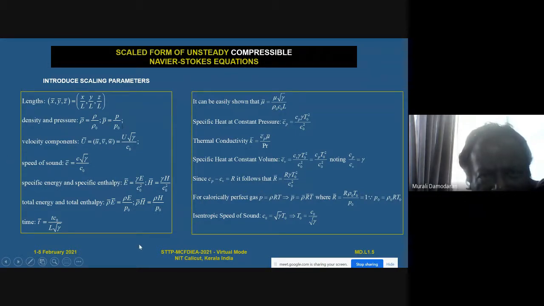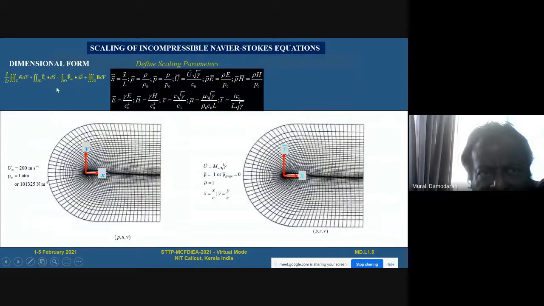By choosing these scaling parameters, you can show that the scaled compressible flow equations will look almost like the dimensional form, except that the coefficient of viscosity and so on will take a different value, and through suitable combination, the Reynolds number, Prandtl number, and so on will drop out.